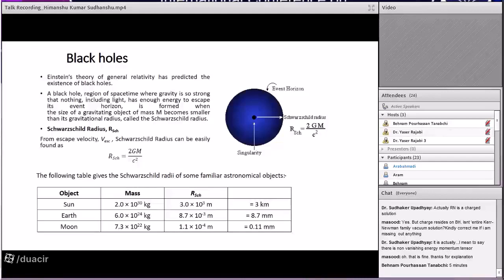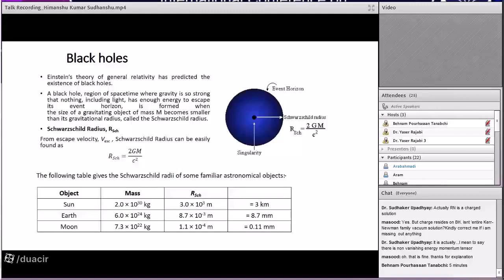For example, let's talk about familiar astronomical objects like the Sun, which has a mass of about 2 times 10 to the power 30 kg.